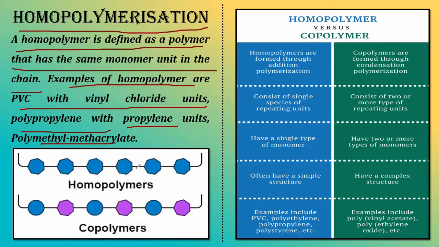Basically, homopolymer, the homo means same, so the same monomer unit will repeat to form a polymer, right? So this is nothing but addition polymerization process. Same ethene is repeating to form polyethene, styrene is repeating to form polystyrene. Now as you can see in the diagram, in homopolymers the same unit is repeating again and again, the blue unit, but in copolymer you can see blue, pink, blue, pink, blue, pink, meaning two different types of units are getting added.